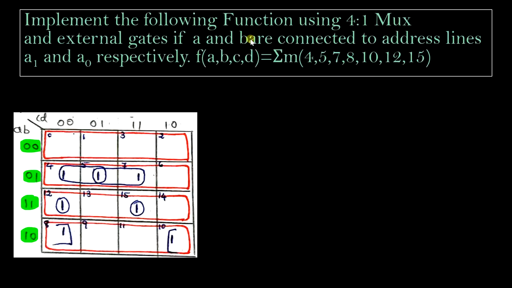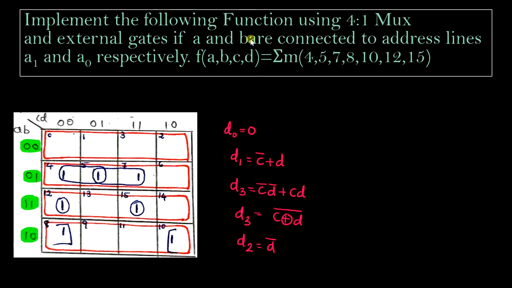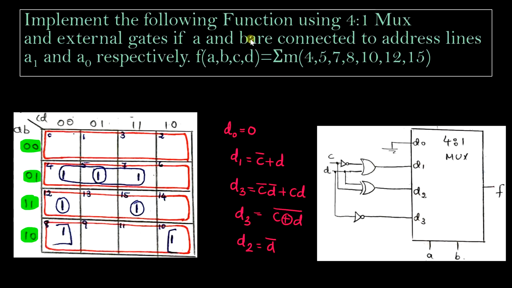And in this particular case, a group of 4 has to be formed, and I have always considered the horizontal mapping. So I will obtain the expressions for D0, D1, D3, D2 in the form of C and D. So you will require an XOR gate, OR gate and NOT gate in order to show the representation of the input data lines in terms of C and D.